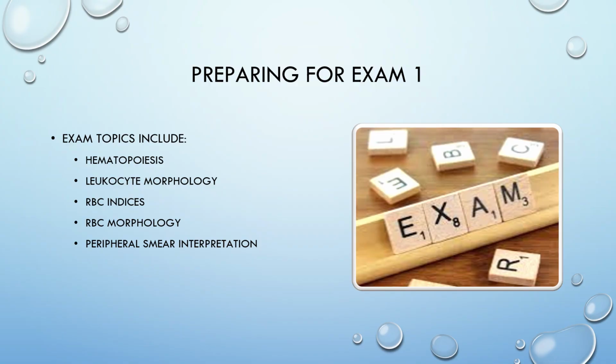As we finish this section, let's take a moment to talk about what you should be focusing on as you prepare for Exam 1. This exam will cover several major concepts we've discussed throughout this portion of the course. First, you should understand the basic principles of hematopoiesis, including how blood cells develop and differentiate within the bone marrow.